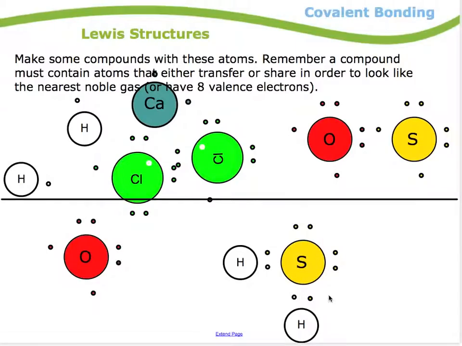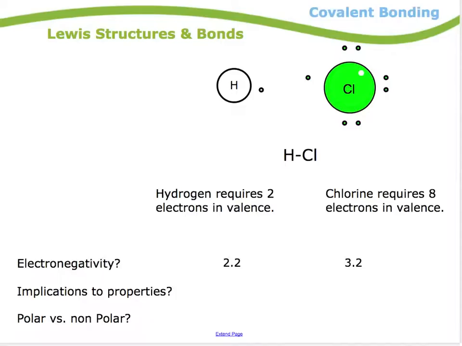Here's another real nice situation. Sulfur's got 8, whereas each hydrogen has 2. That's what we can do with Lewis dot diagrams to help us conceptually look at what's happening with the molecule. Just for information, this is H2S. That's that gas that you don't want to mess with.